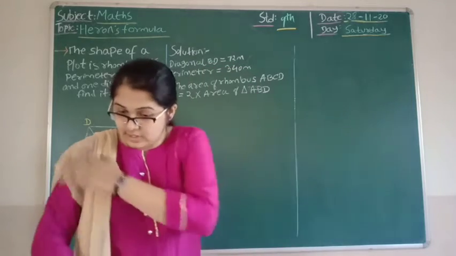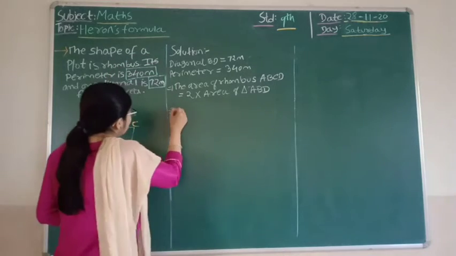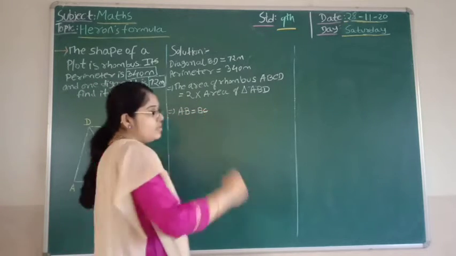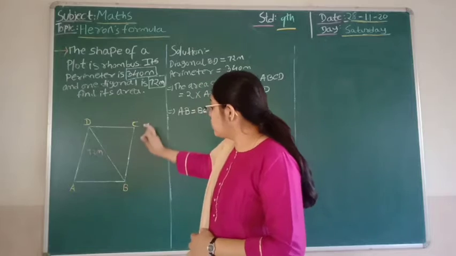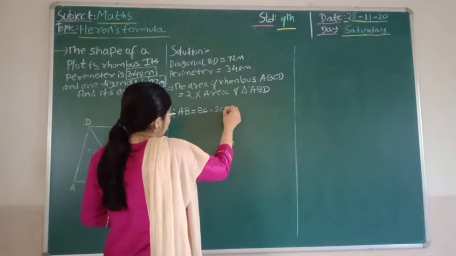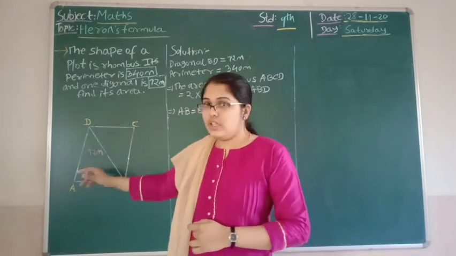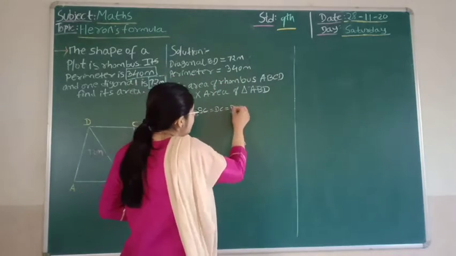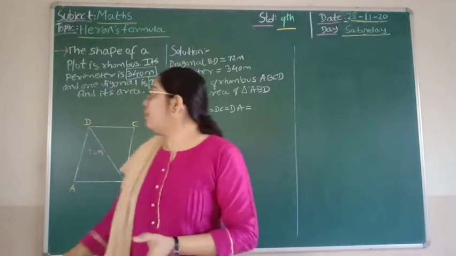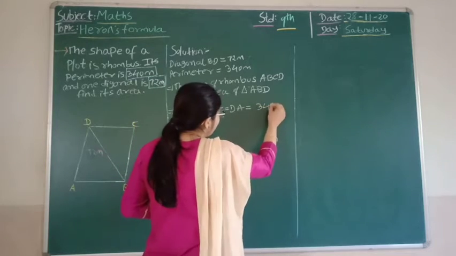So I can write AB equals BC equals DC equals DA. By this we are telling that all the sides are equal, and the perimeter which is given is 340 meter.